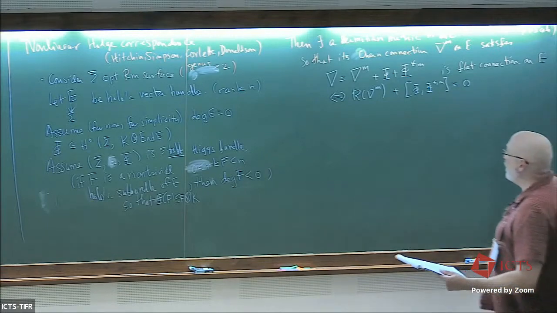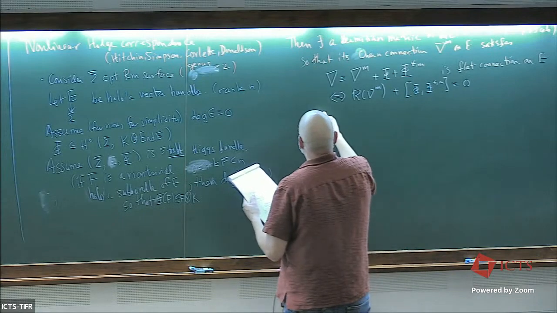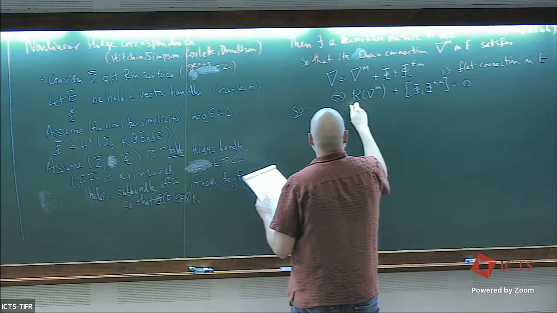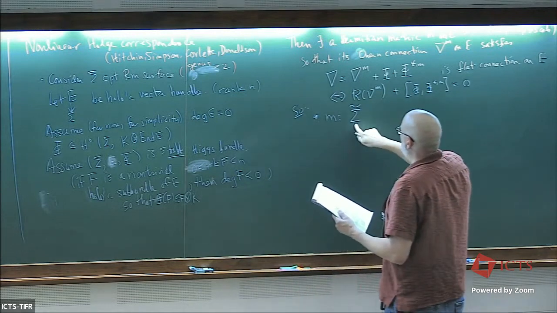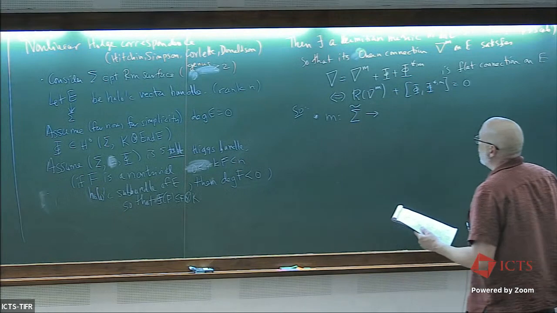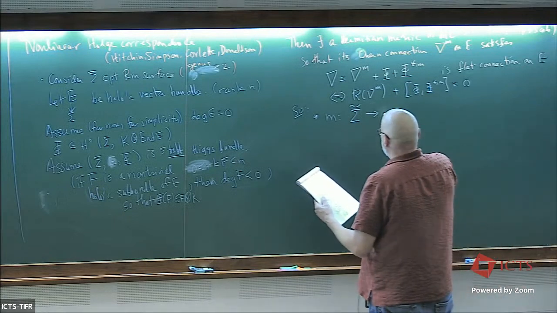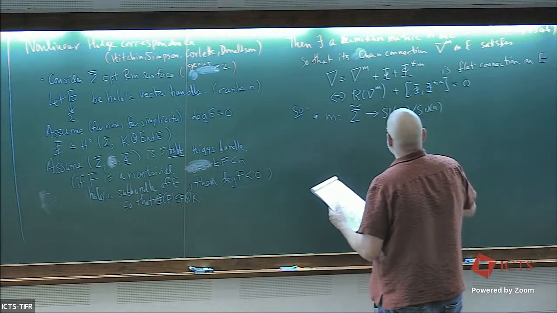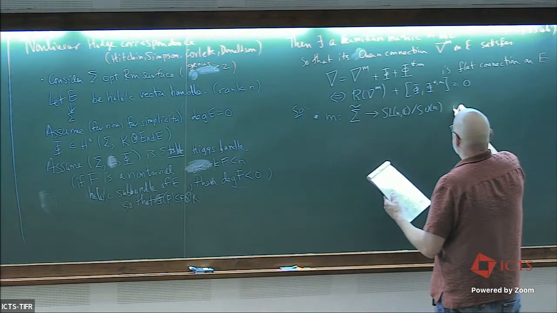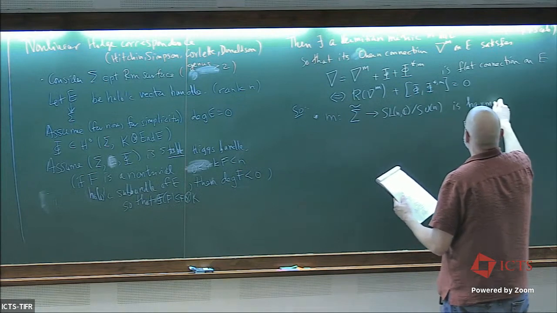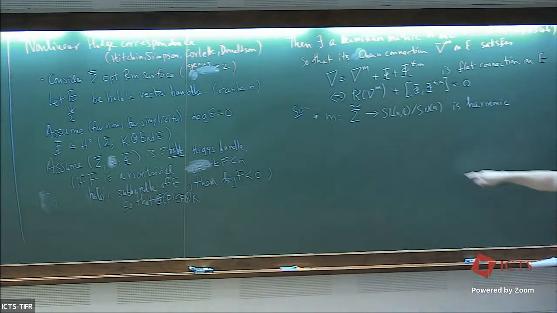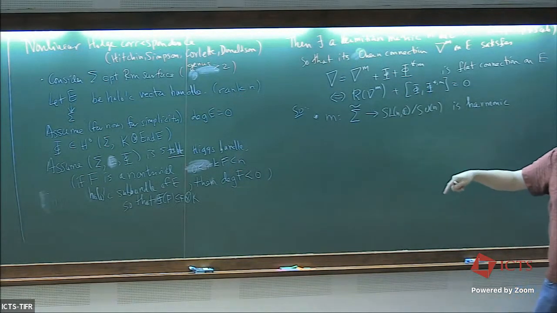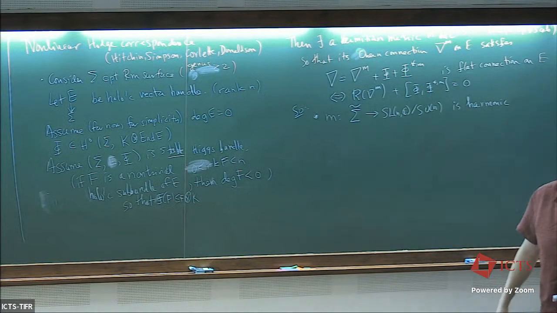As a consequence of these equations, we can think about M as follows: we pick a base point and a universal cover of sigma, and the map to SL(N,C) over SU(N) is harmonic. If you pass to a quotient, M is a harmonic section of a bundle, but on the universal cover it's just a map.